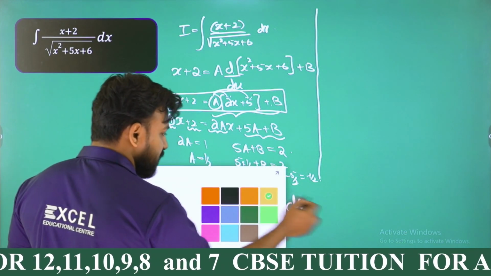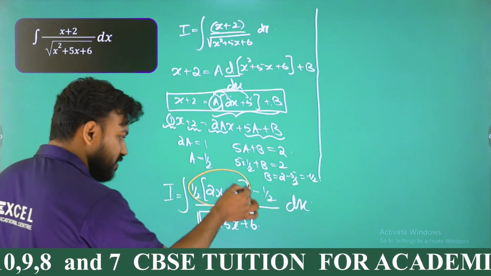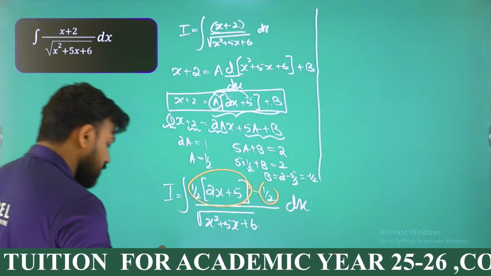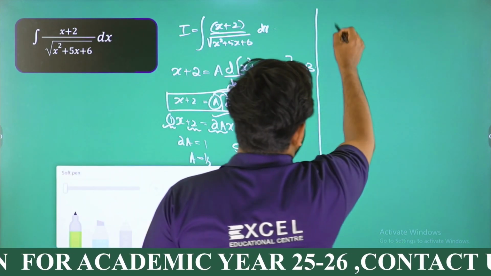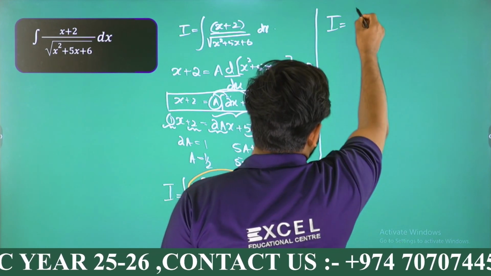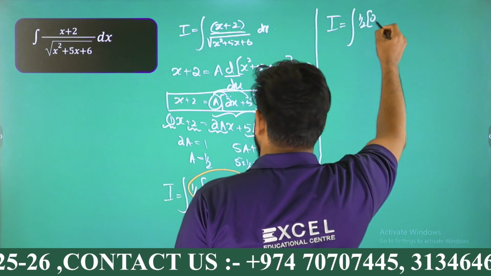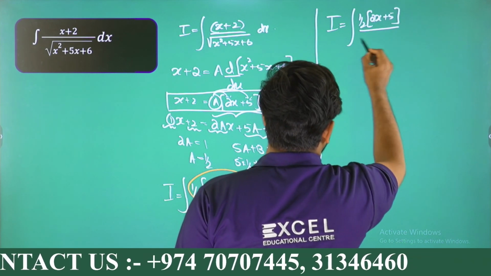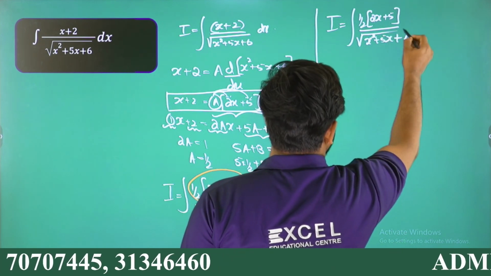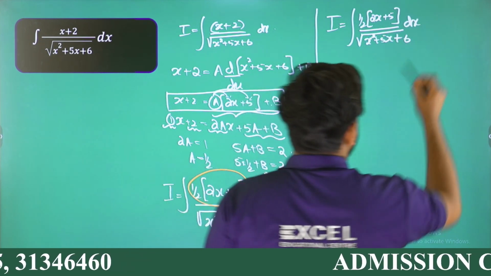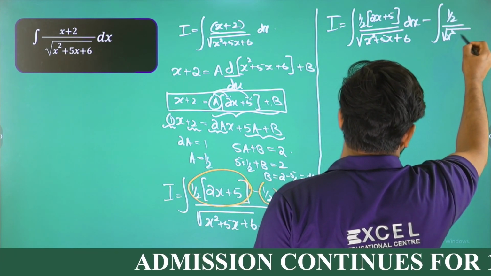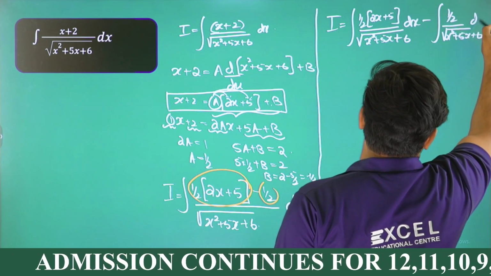Now I'll split the numerator into two parts, and I will give the denominator to each part. So I is equal to the integral of 1 by 2 times 2x plus 5, all divided by root of x square plus 5x plus 6 dx, minus the integral of 1 by 2 by root of x square plus 5x plus 6 dx.